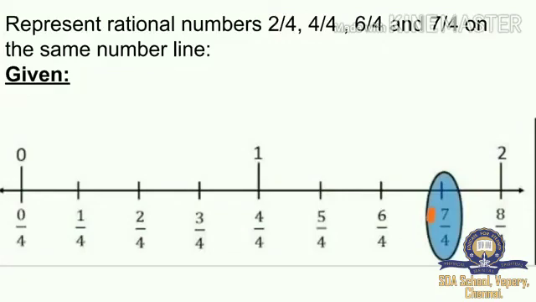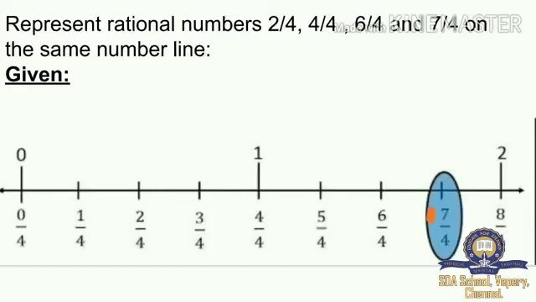It's an example for you. Represent the rational numbers 2 by 4, 4 by 4, 6 by 4 and 7 by 4 on the same number line. Here you are going to represent these numbers on a number line. First draw a number line 0, 1, 2 and point the values. Here the denominator value is 4, right?